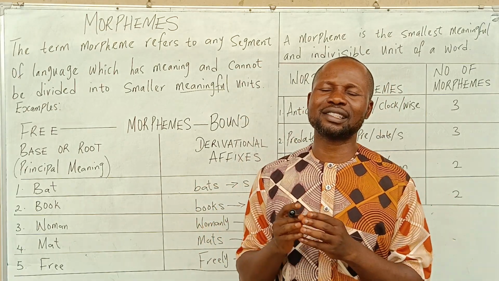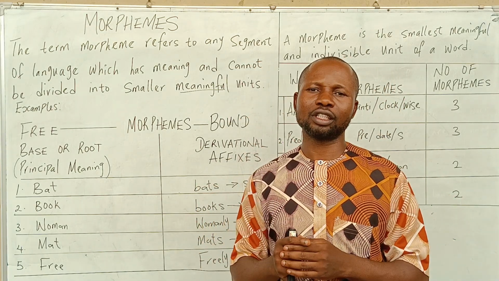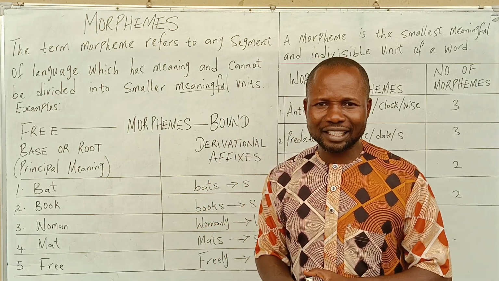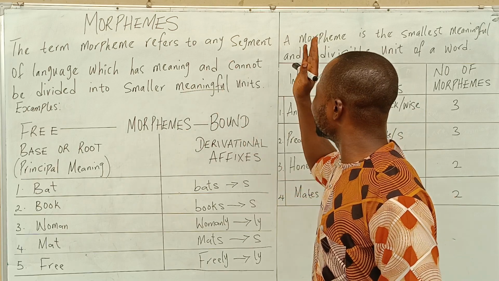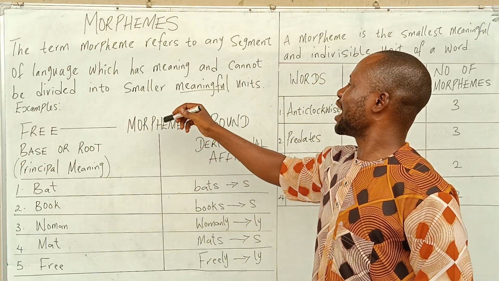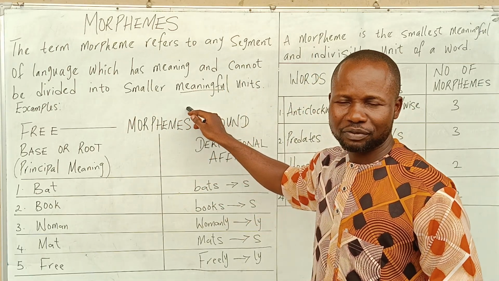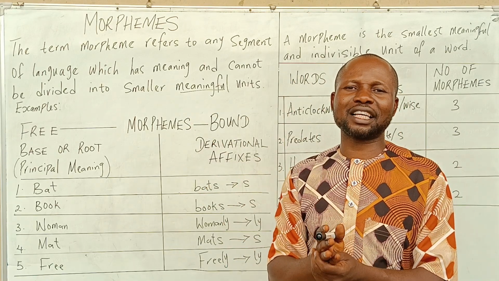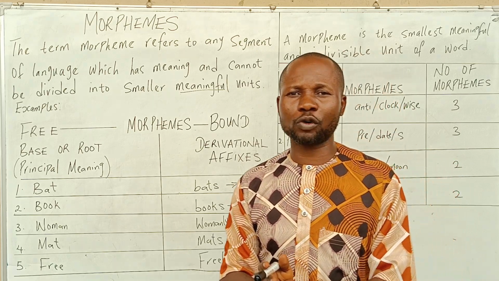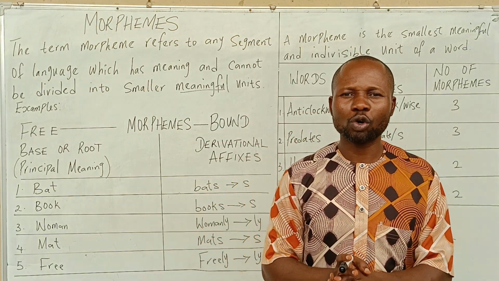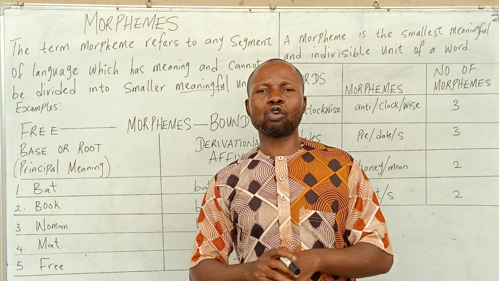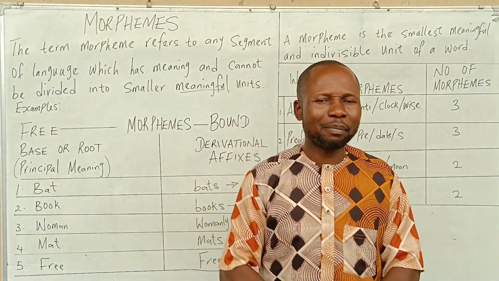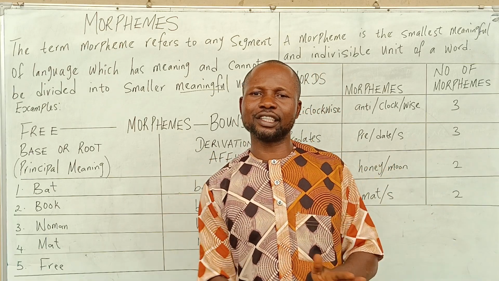A segment just means a small portion of a language that, whenever we keep dividing, the one that is left has meaning. If we further divide that one that has meaning, we have done damage to that word. So no matter how the word is, as far as it has principal meaning, we are not supposed to divide it again.